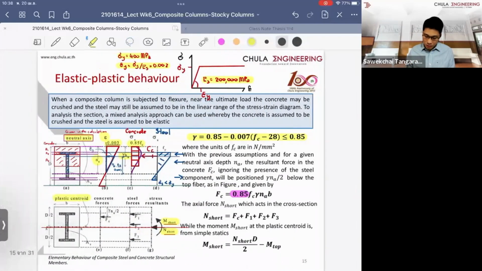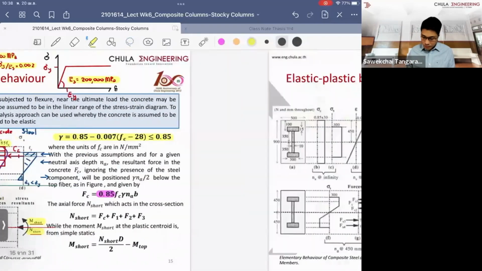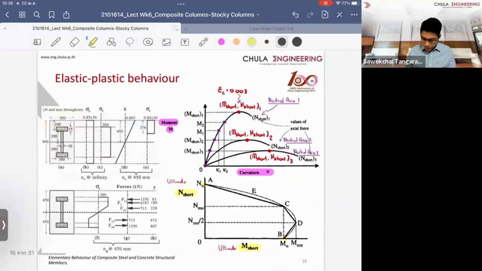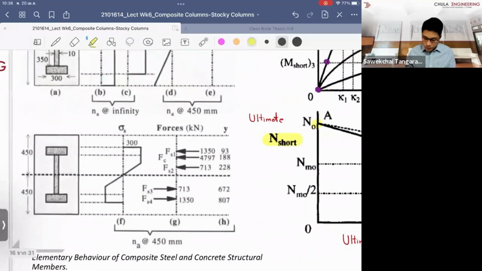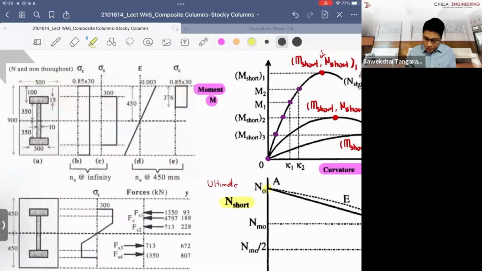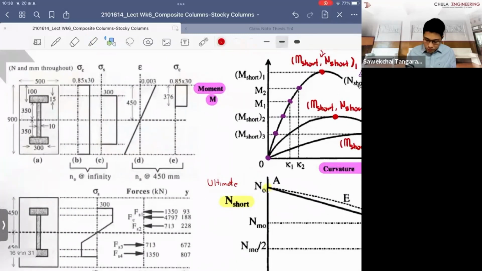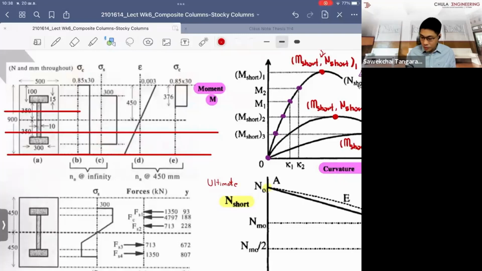If I take the diagram in here, we keep raising the neutral axis depth, starting from the bottom, and we keep moving it up for the different levels of the neutral axis depth.